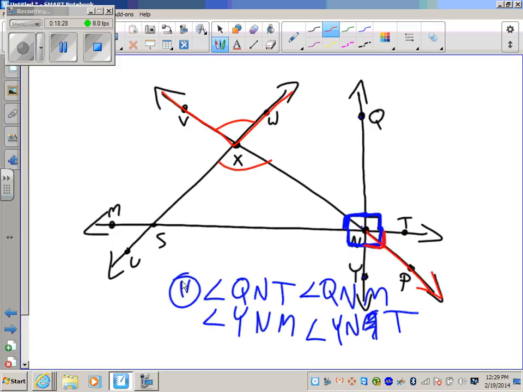So this angle and this angle are complementary, because together they equal a right angle. That was 14. In red here is 14. Y and P and what? T and P.